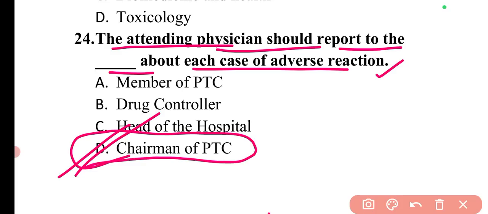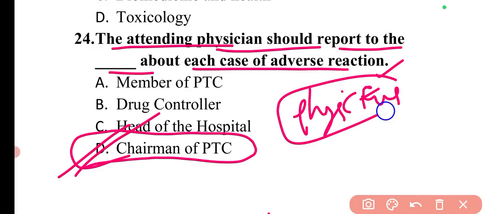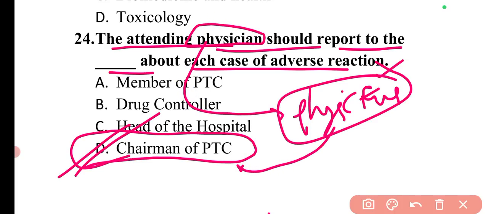Among the physicians, one is the chairman, and whosoever is the attending physician should report to the main chairman physician, who is the member of PTC.